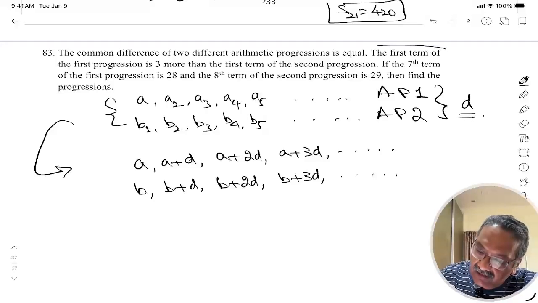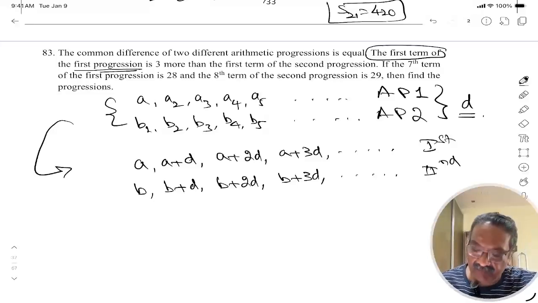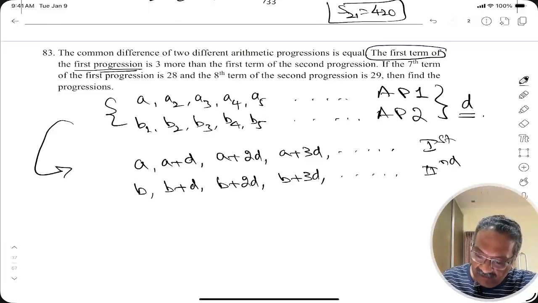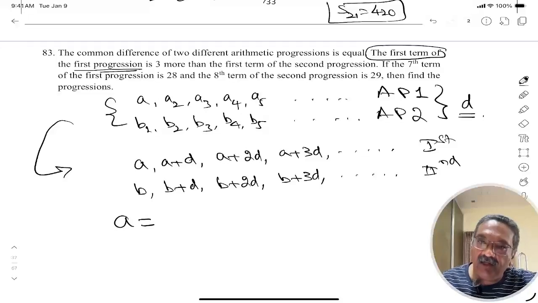The first term of the first progression, that is the first progression, is 3 more than first term of the second progression. That means the first term of first progression, A, is equal to 3 more than the first term of the second progression.